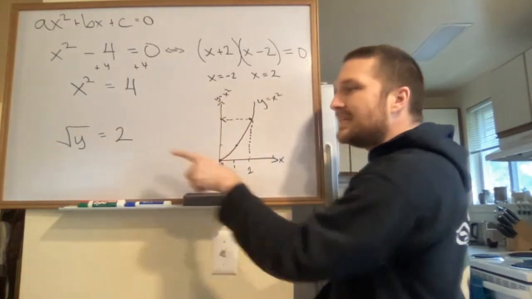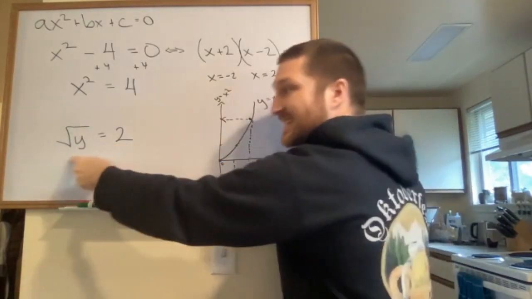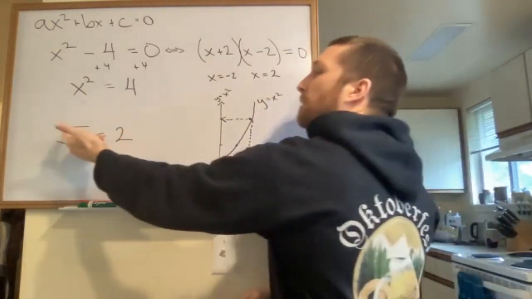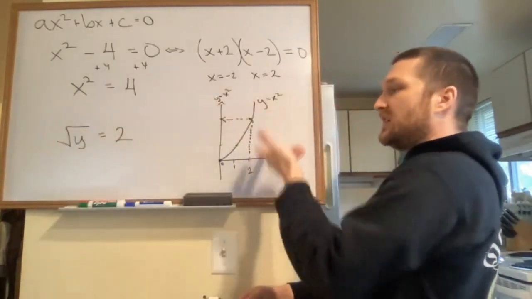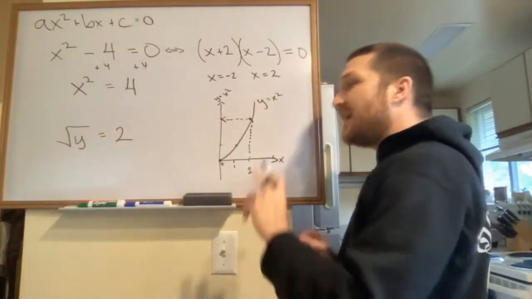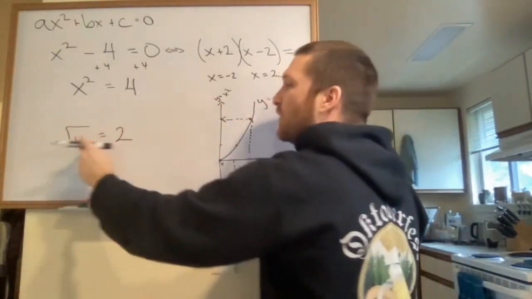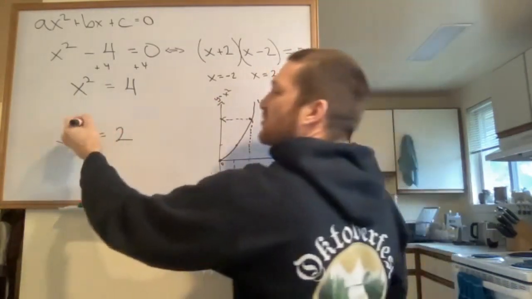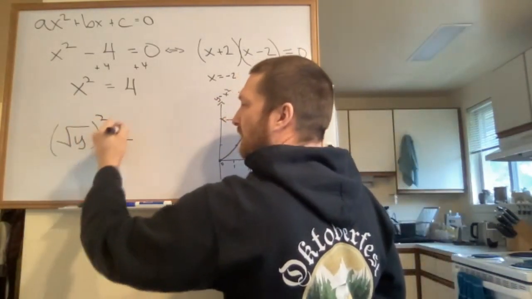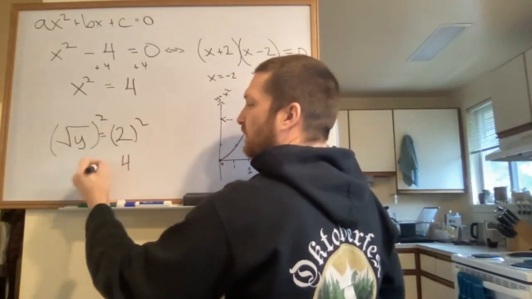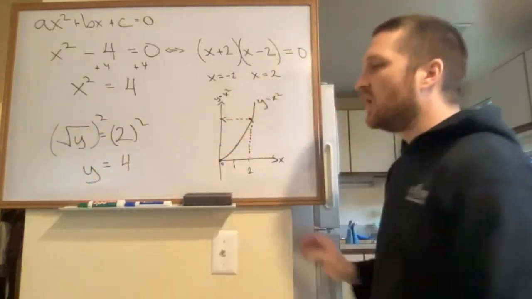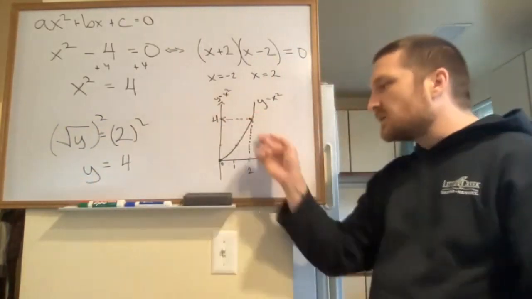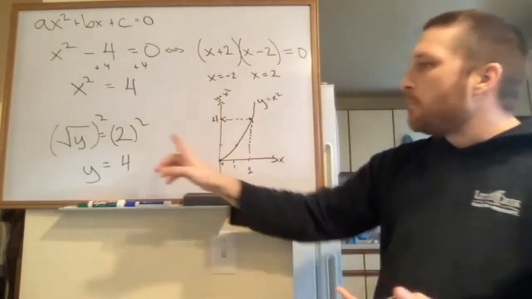And whenever you see this symbol in an equation, it means that I took the positive square root, that we were over here on this side. So that's why we didn't really have to worry about this. And we just said, okay, that's what that means. I could square both sides to get rid of that. No problem. 2 squared is 4. That means that your original number was y equals 4. Well, yeah, of course it was. You got a positive number because it started positive.